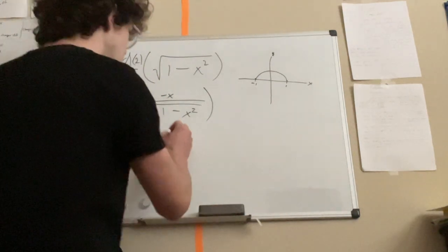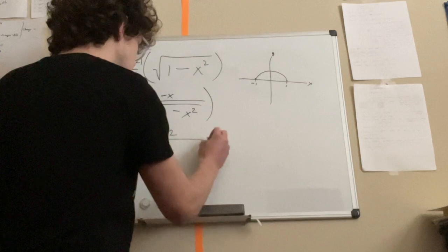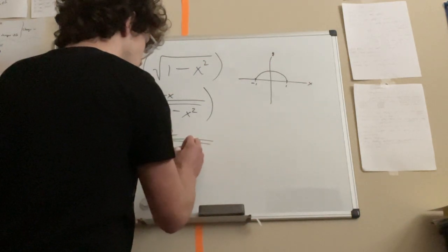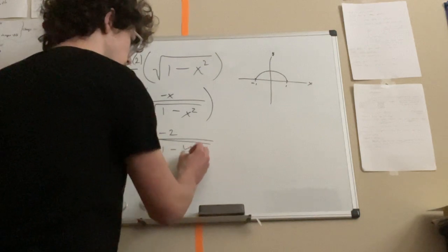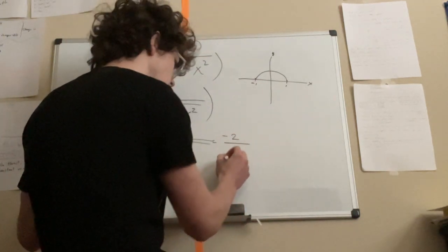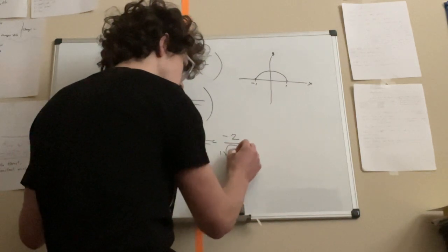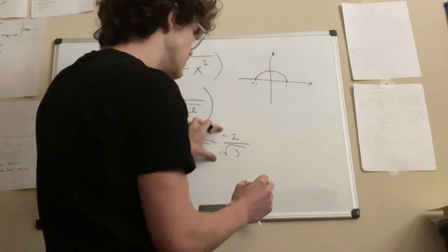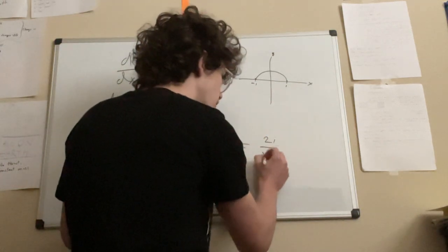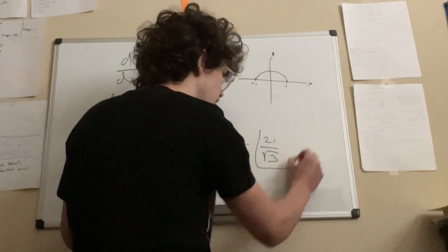Plug 2 in, and then it's negative 2 times the square root of 1 over 2 squared, which is 4. So then we have, that equals negative 2 over i square root of 3. But then the i and the negative cancel out, so then we have 2i over negative 3, and that is the slope.